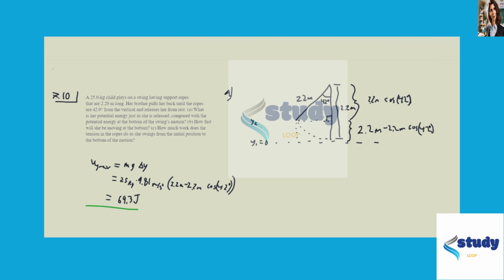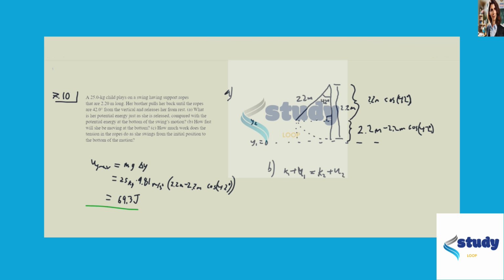Part B, how fast will she be moving at the bottom? So for part B, we need to find out some relationship between her energy here and energy here, and that's just going to be conservation of energy. So we're going to write K1 plus U1 is equal to K2 plus U2.